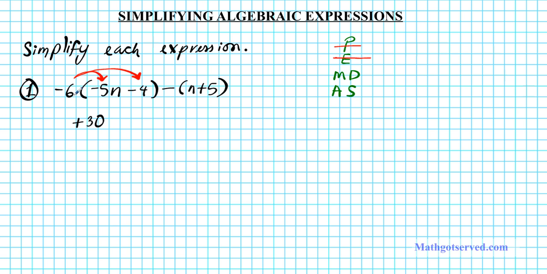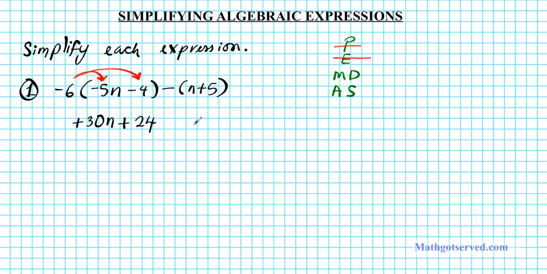So n to the 0 times n to the first, you add the powers, you end up with n to the first power. Okay? Now let's multiply -6 times -4. Minus times minus is a plus. 6 times 4 is 24.